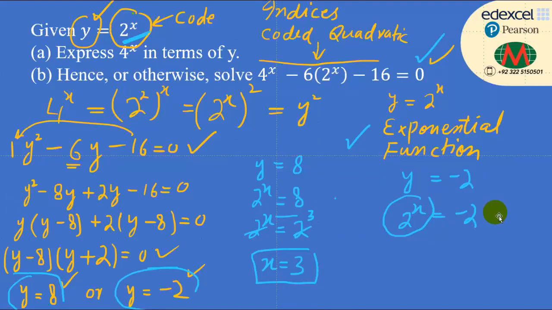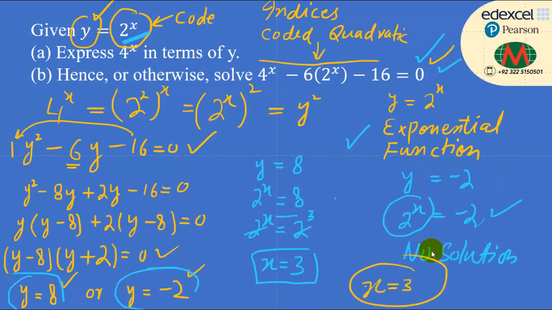But here you can see that 2^x, which is an exponential function, is equal to minus 2. That shows it has a negative value, and we know that an exponential function can never have a negative value. So in this case, no solution. Therefore this indices coded quadratic has only one solution, and that is x is equal to 3.